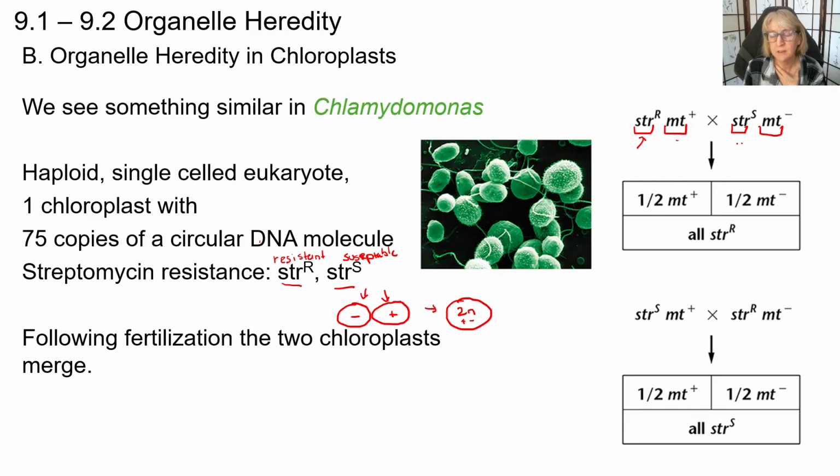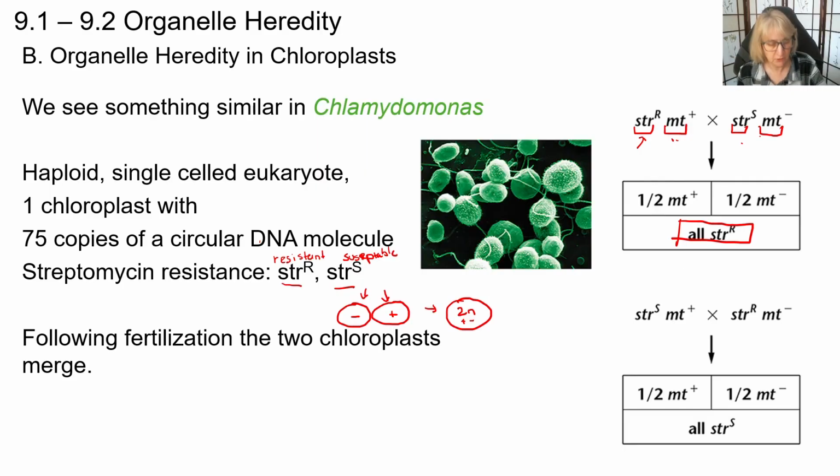When I breed them together, I would expect the same pattern that I saw in the mating types, 50% positive, 50% negative. But that is not what I see. When I put my positive and my negative together and they vary in their streptomycin resistance, I see in this case that they're all resistant.